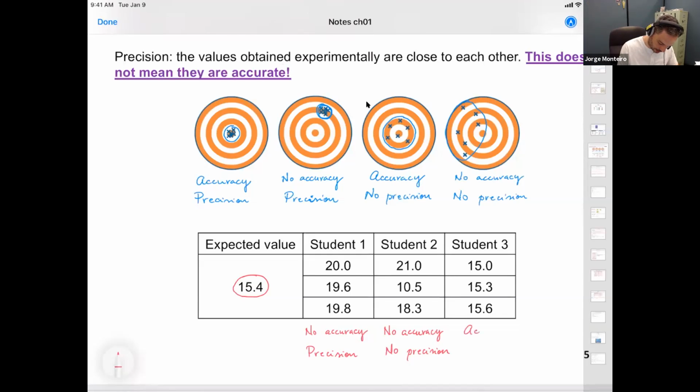So there is accuracy and there is precision for student number three. Okay, is the concept of accuracy and precision clear to everybody? So I think so. You guys were able to solve the problem here.